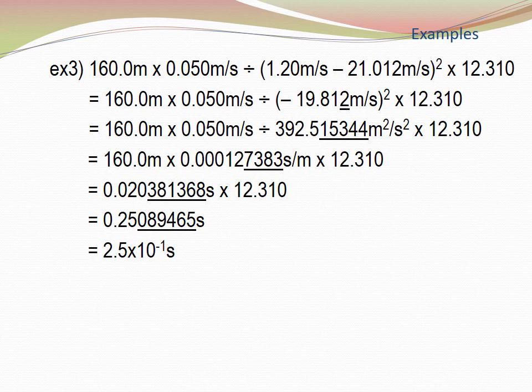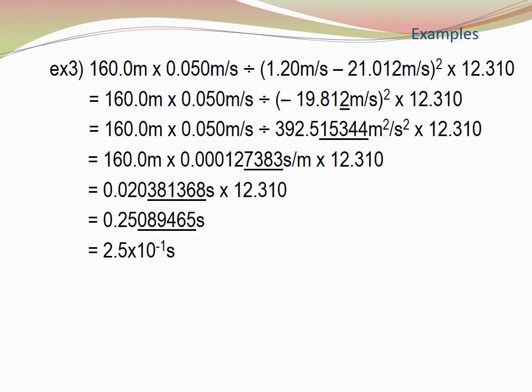To run through the unit quickly, I've got meters per second, subtract meters per second, which gave me meters per second. The next thing I did was square, so that gets distributed into the brackets. So m becomes m squared, s becomes s squared. Next thing I did was division. Meters per second divided by meters squared per second squared.